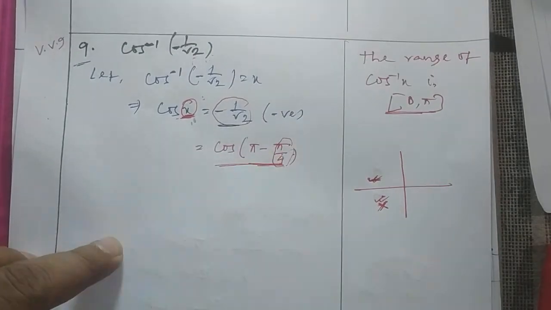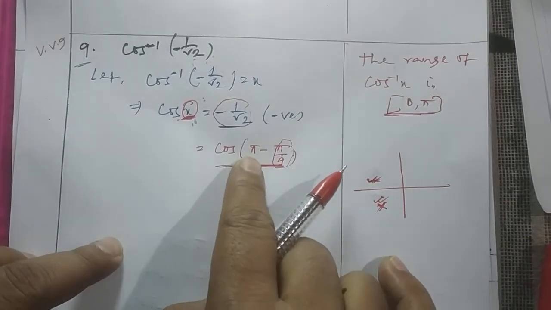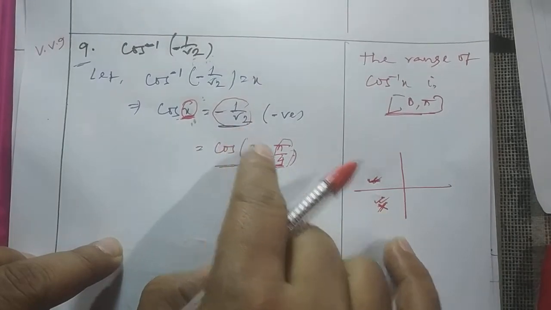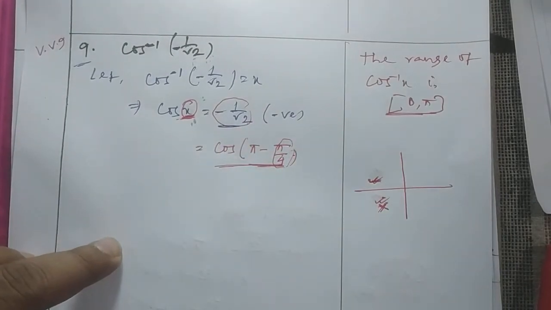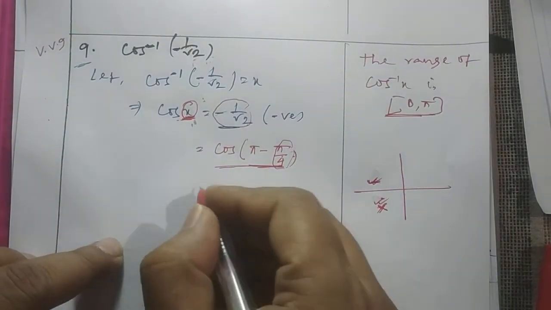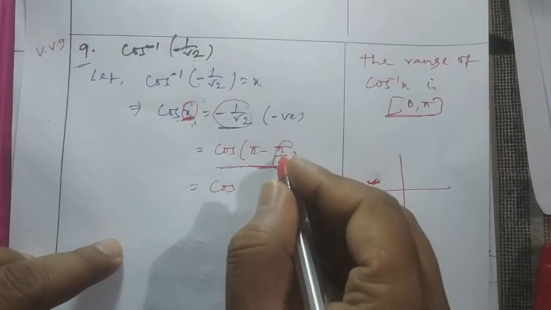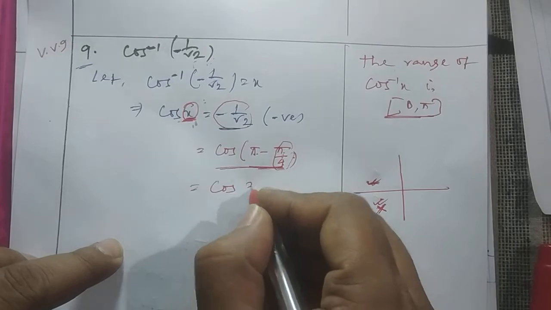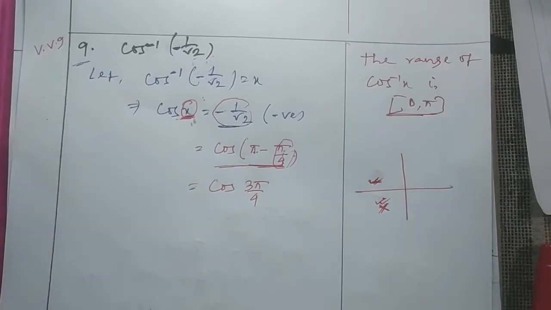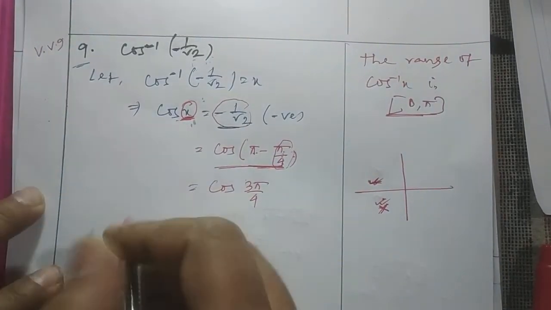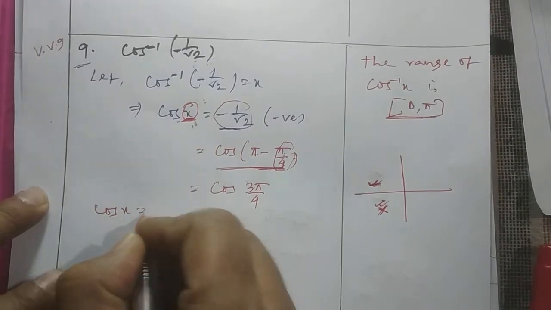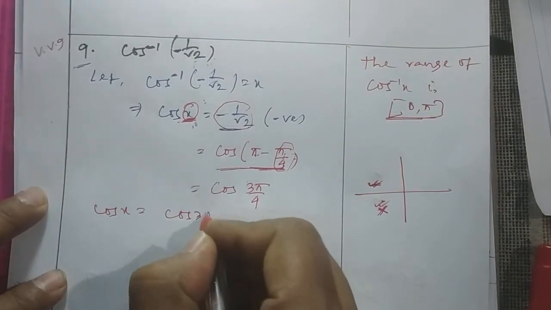Now we can check why cos of pi minus pi by 4 is minus 1 by root 2. Already we learned it in class 11. Now calculate: pi minus pi by 4 will be 3 pi by 4. So ultimately we have got cos x equal to cos 3 pi by 4.